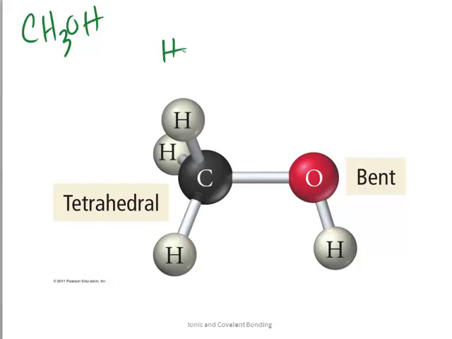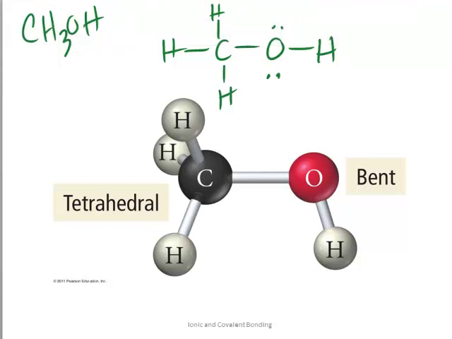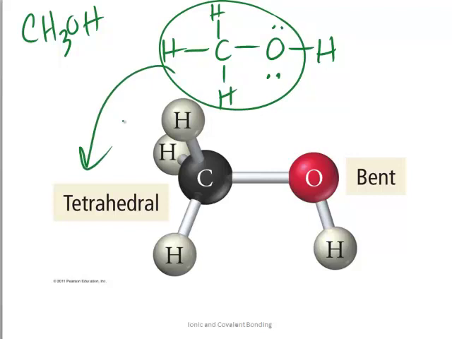We've drawn the Lewis structure for this species. We know it looks like this. Okay, clean that up a little bit. We can see that this carbon atom has 4 electron groups. All 4 of them are bonded, so that will give us a tetrahedral geometry on the carbon atom.